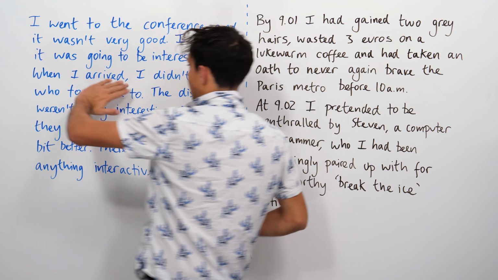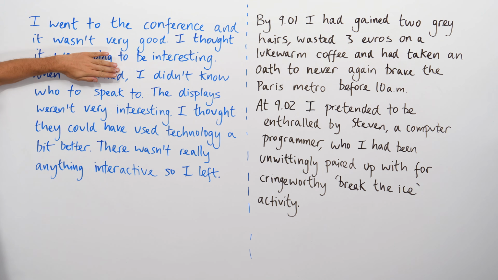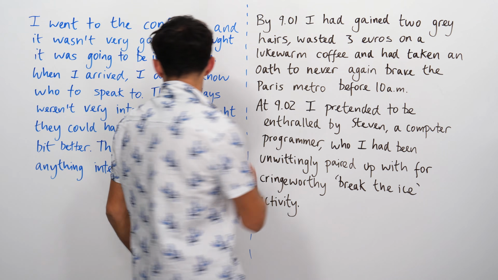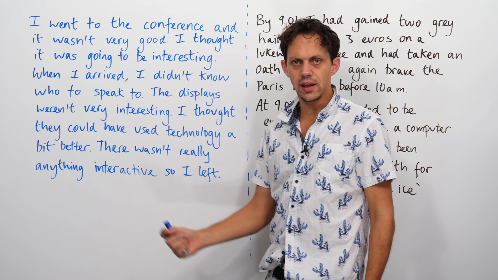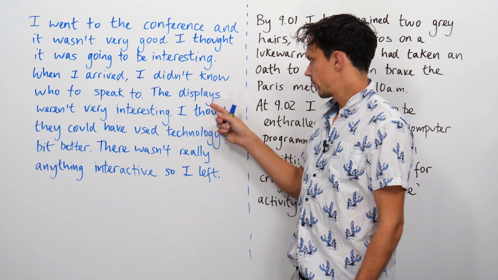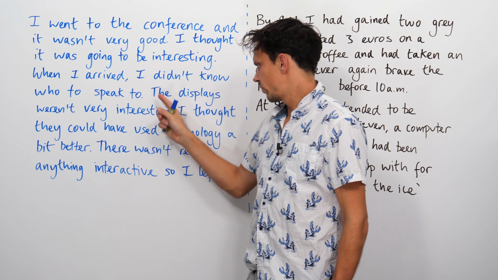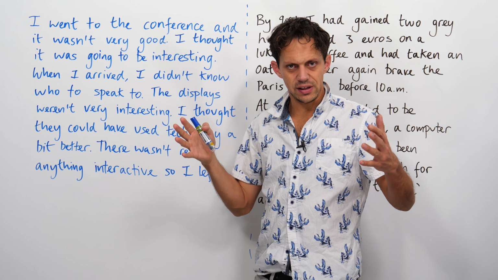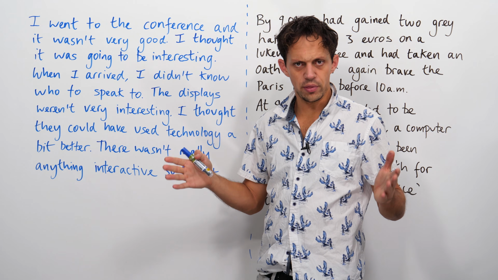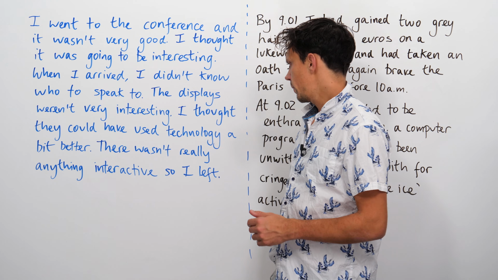The sentence makes sense without that phrase there. The displays weren't very interesting. Again, just a single idea. Main clause. The displays weren't very interesting. A clause is like a phrase with a verb that makes sense on its own.